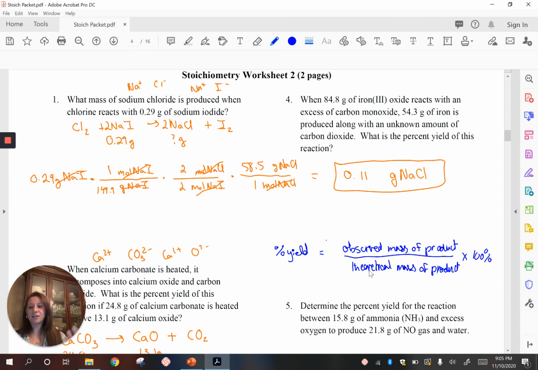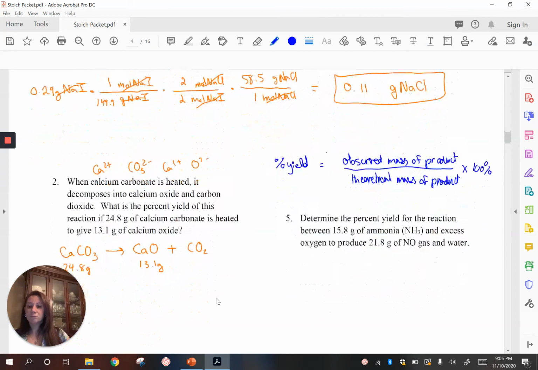And that tells us how well the experiment went. The closer this number is to 100%, the better our experiment went and the fewer sources of error happened. The farther it is from 100%, obviously, that means different sources of error happened.